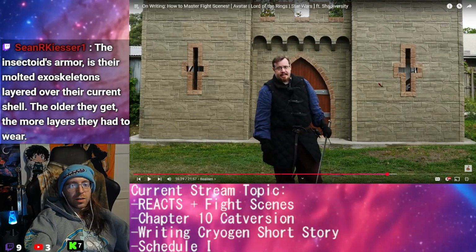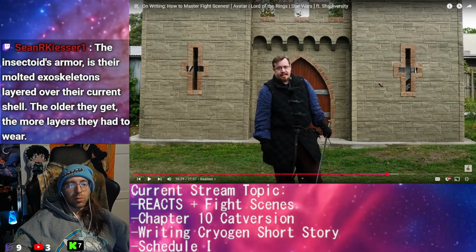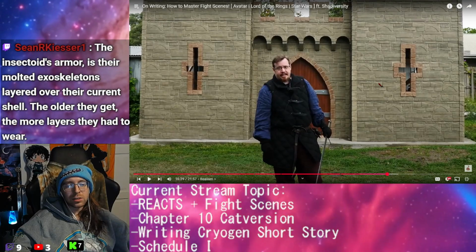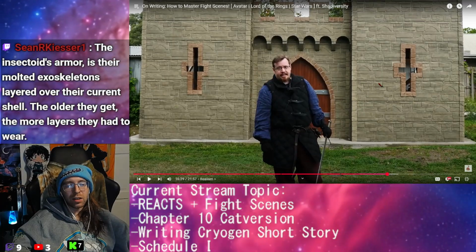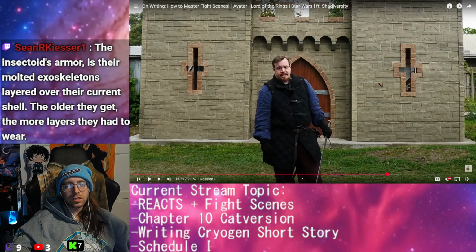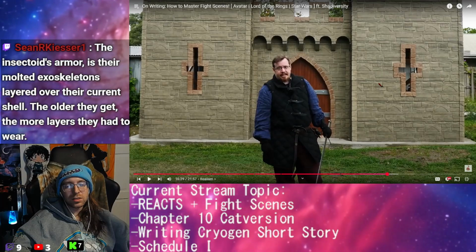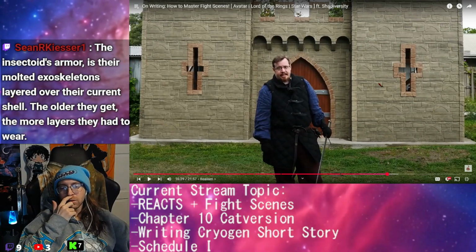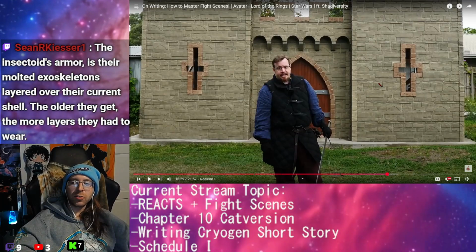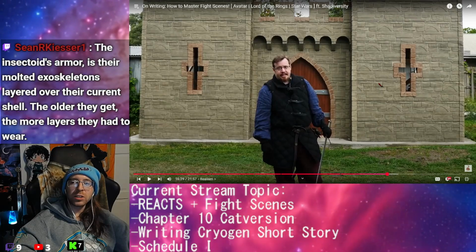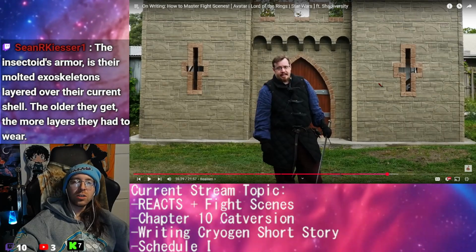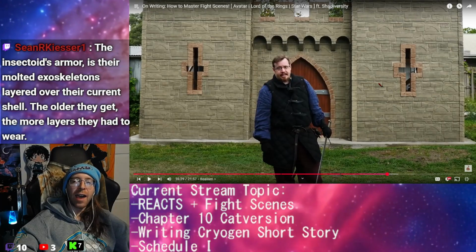The insectoid armor is their molted exoskeletons layered over their current shell. The older they get, the more layers they have to wear. But armor is very, very important because you can't just imbue physical flesh, so they have to have actual armor.